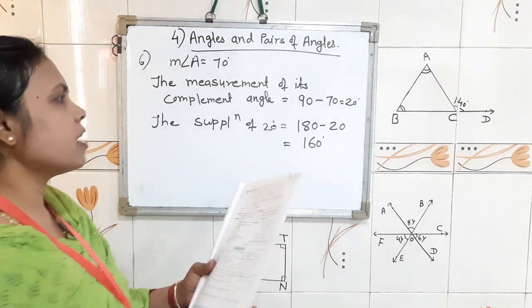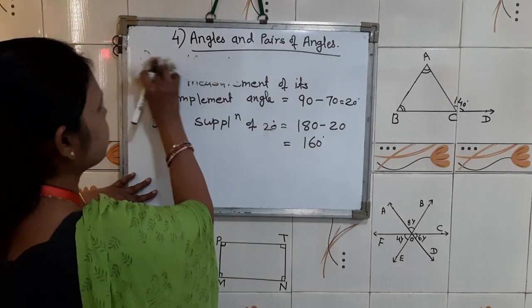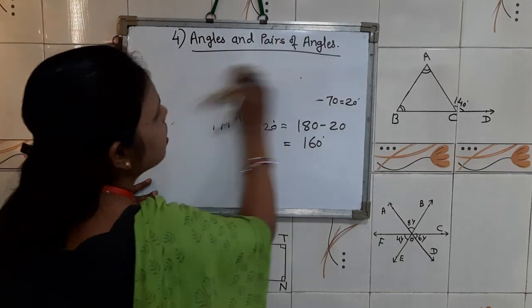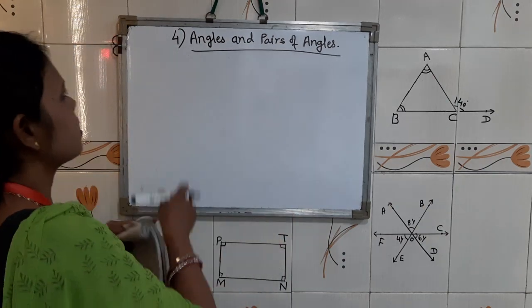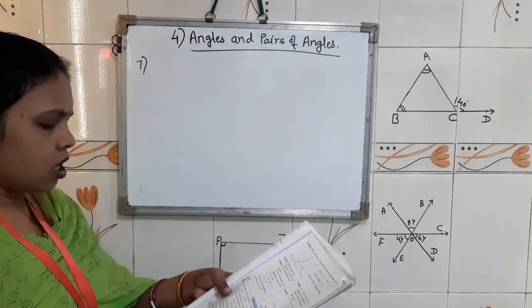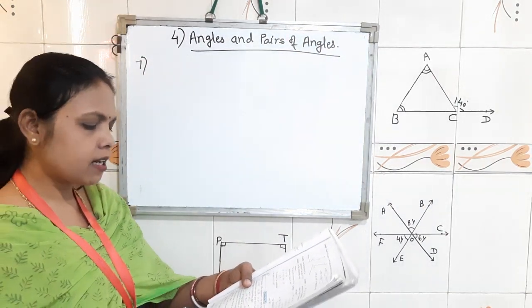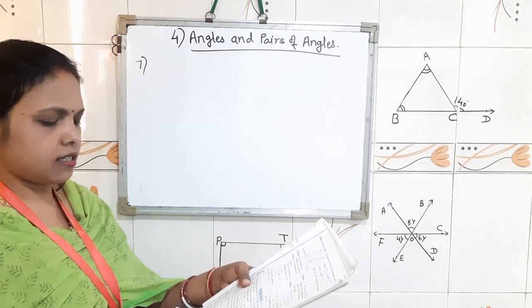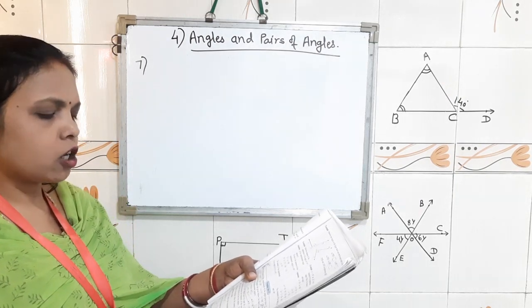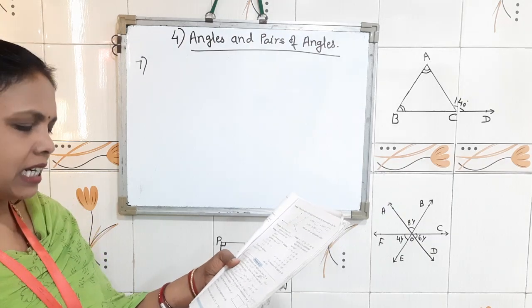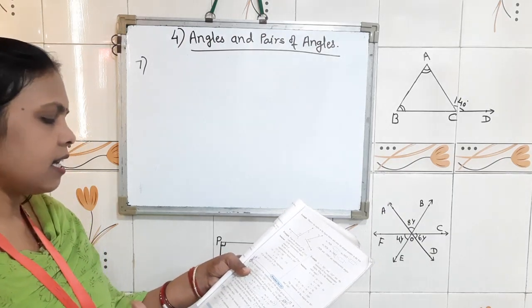Now question number 7. Angle A and angle B are supplementary angles and angle B equals x plus 20 degrees. Then what will be angle A?